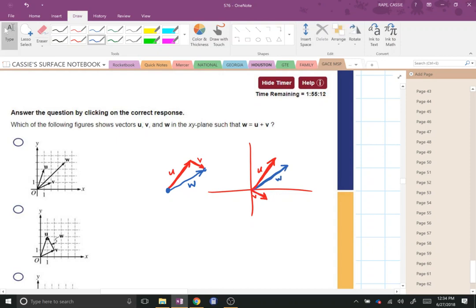What you have to imagine, if you're adding u plus v, is you're translating that. I don't know if it'll let me grab this, but let's try. You're translating the v up to here so that it's close enough so you can see.